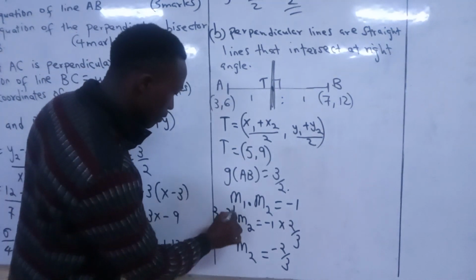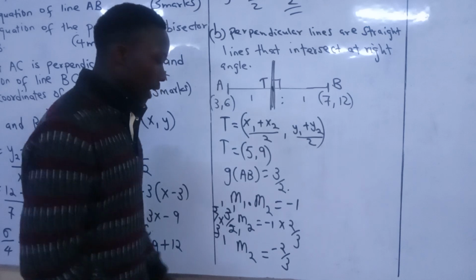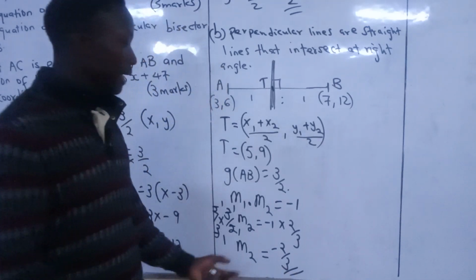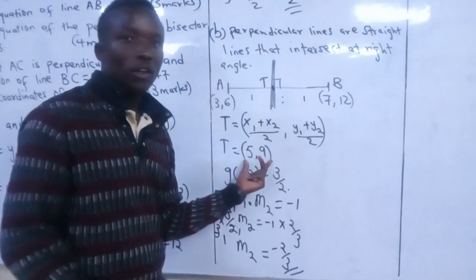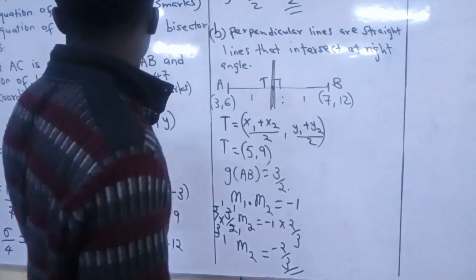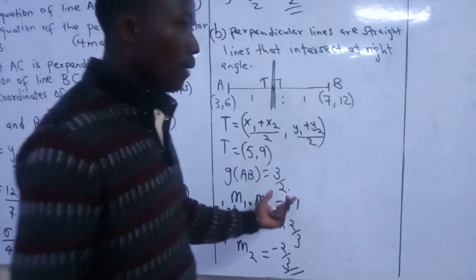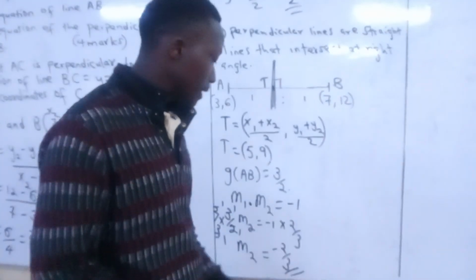Therefore, having the gradient of our perpendicular bisector and the coordinates of the point of intersection, we can determine the equation of the perpendicular bisector. And how are we going to do that?